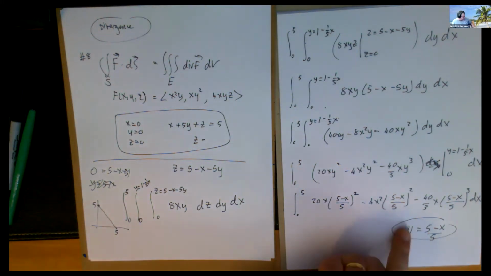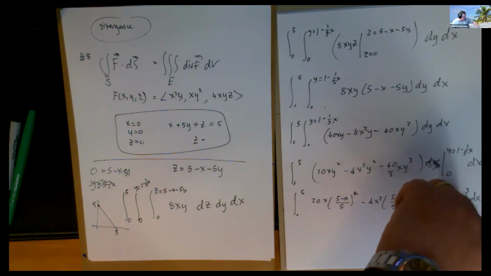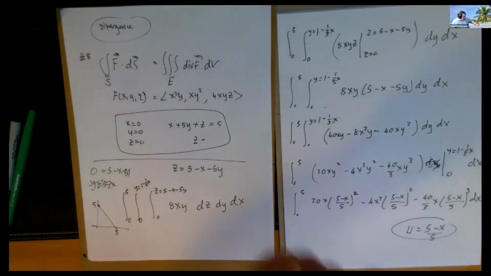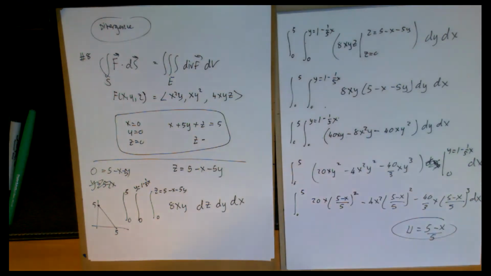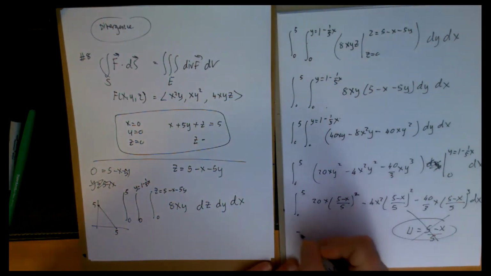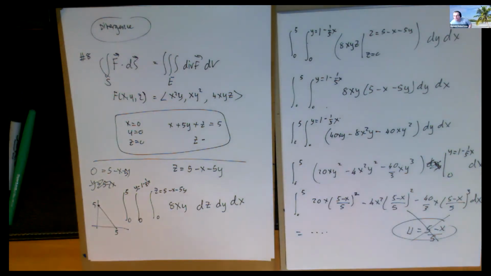I'm just thinking if I do that as a u sub, that'll become u squared, that'll become u squared, and that'll become u cubed. Oh, forget it. That's just going to take over and be just as ugly.